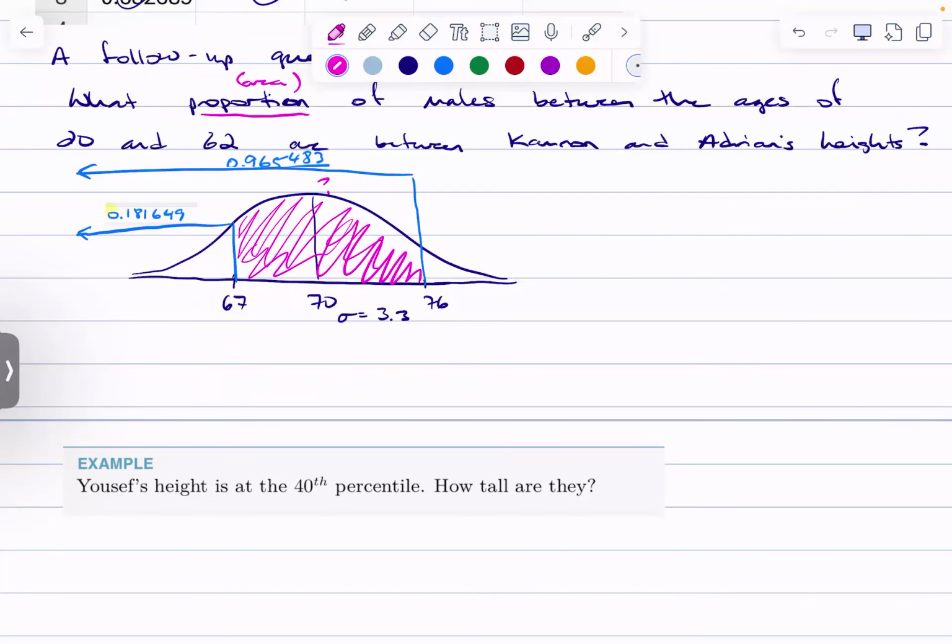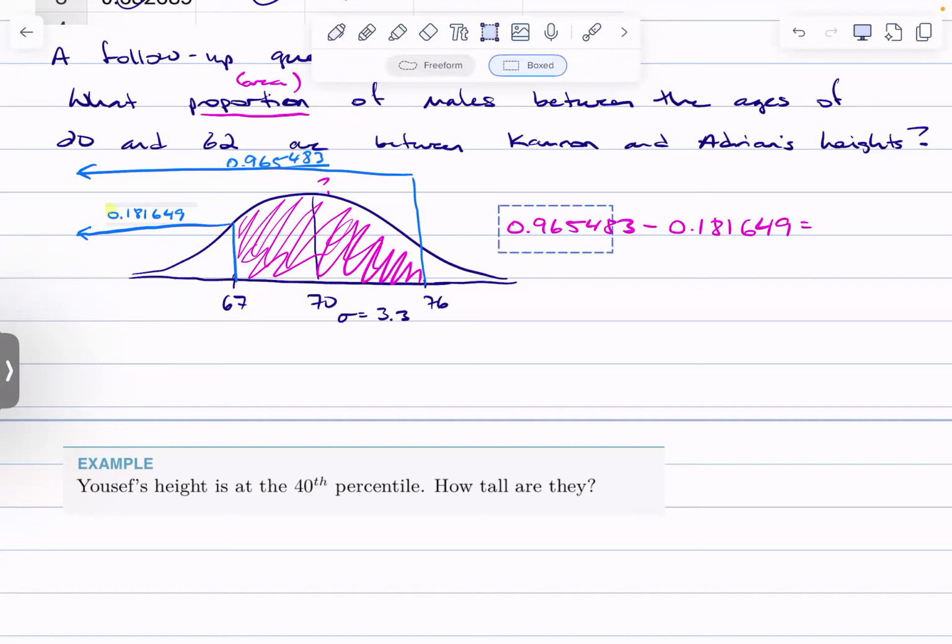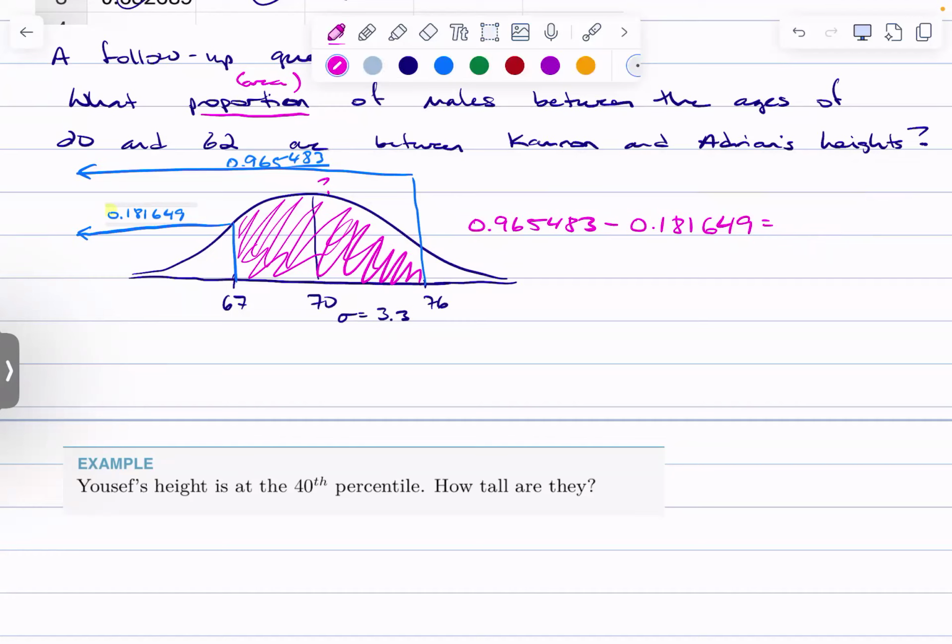So 0.965483 minus 0.181649. Unless I did something weird, I get 0.783834.